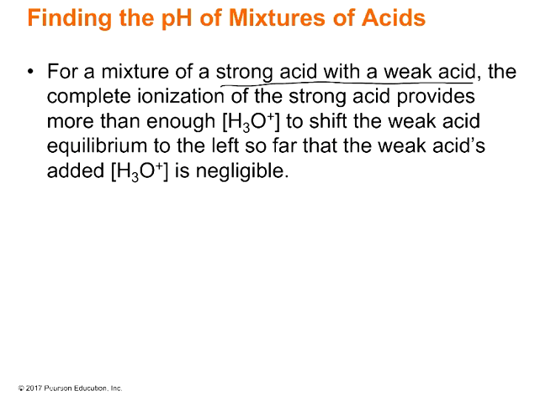So let's look at an example. Let's say that we have 0.2 molar hydrochloric acid, and we also have 0.2 molar formic acid, which is a weak acid.